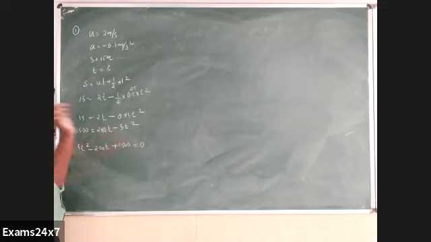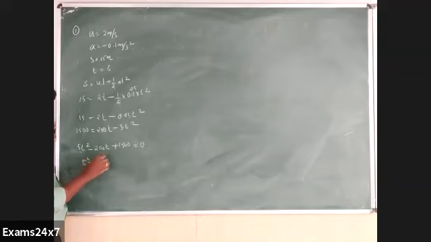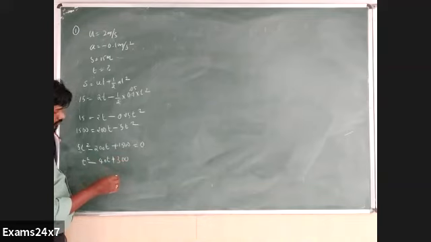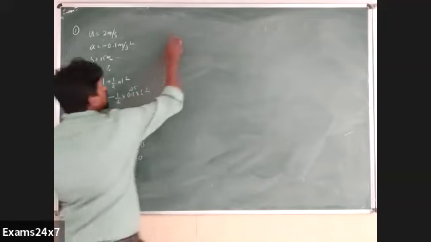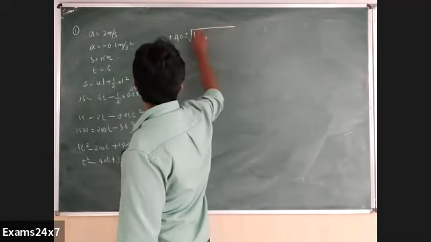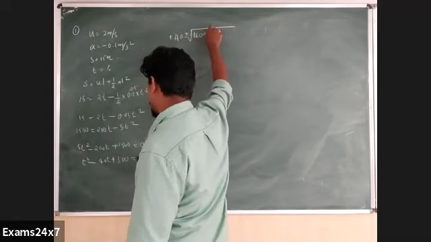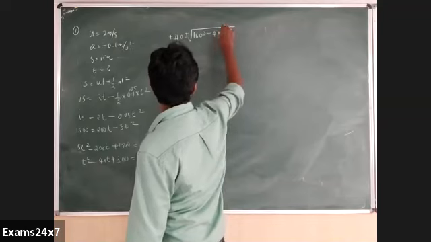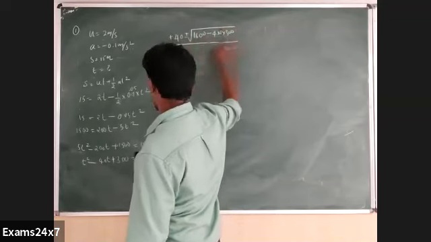Divided throughout by 5, you get t square minus 40t plus 300 equal to 0. Now minus b plus or minus square root of b square minus 4ac by 2a. Minus b is 40. b square is 1600 minus 4ac. 4 into a is 1, c is 300, by 2a is 2.